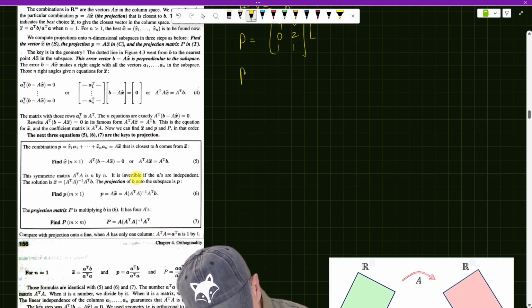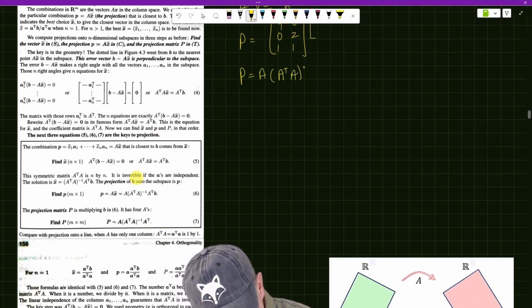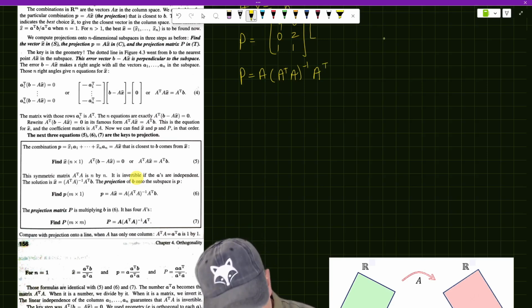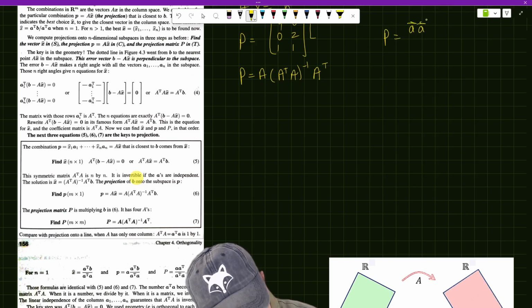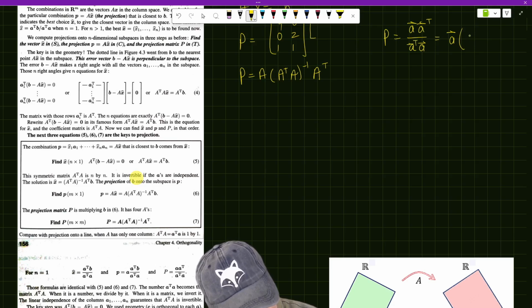So P is equal to A times (A transpose A) inverse times A transpose. That's the projection matrix. Remember, what we were using was P is equal to A vector times A vector transpose divided by A transpose A. But that's really the same as the A vector multiplied times 1 over A transpose A, which is just a scalar, times A vector transpose.